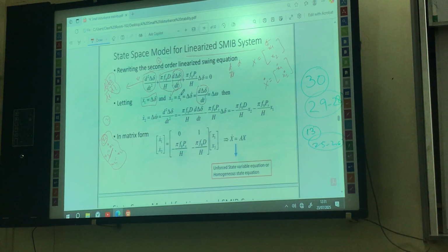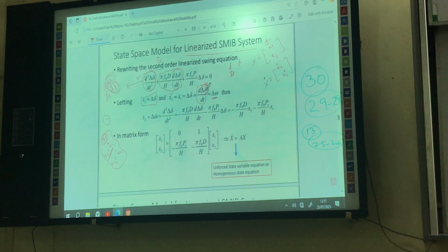This term is the second state variable, that is d delta over dt, and we can represent it by del omega, because this is the rotor angle and the first derivative of the rotor angle will be the angular velocity. Here the rotor angle is some small change in rotor angle, that's why we are getting some small change in the angular velocity, and that's why we are introducing the del here as well.